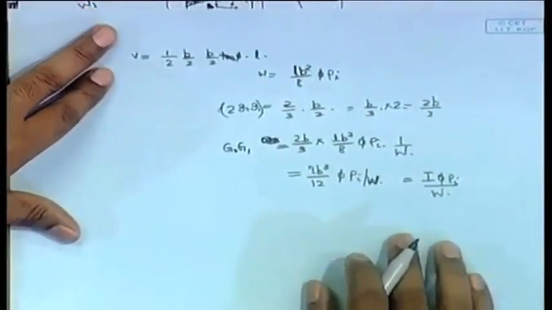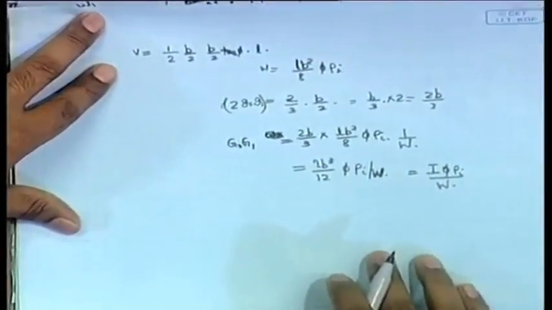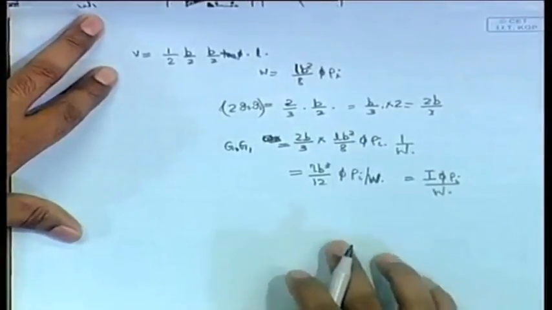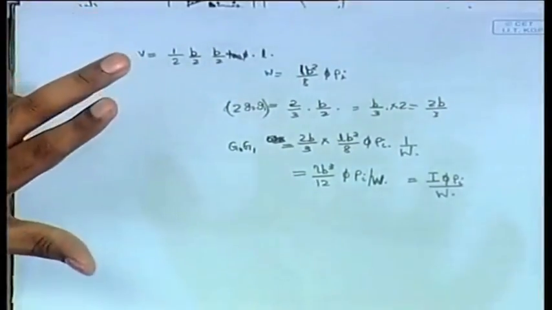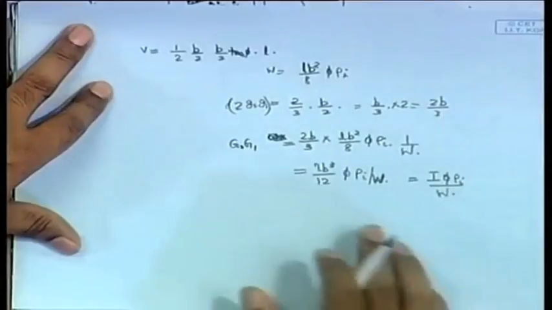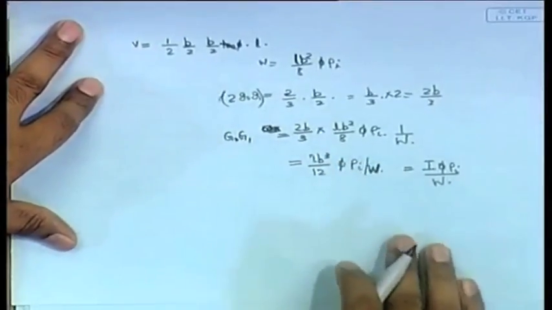Now, of course, you might wonder, is it true for other shapes as well? Is it just for a rectangular box that it coincidentally becomes I, or does it happen for all? Actually, it happens for all shapes, you will get I there. That we will see, but this is simpler, you can look at this and understand it very clearly.